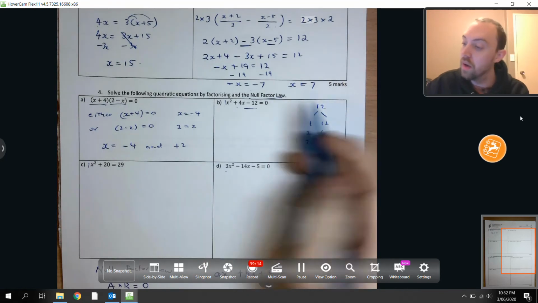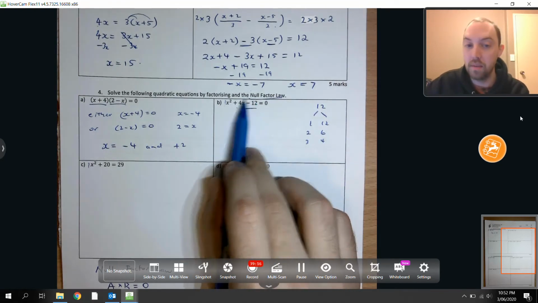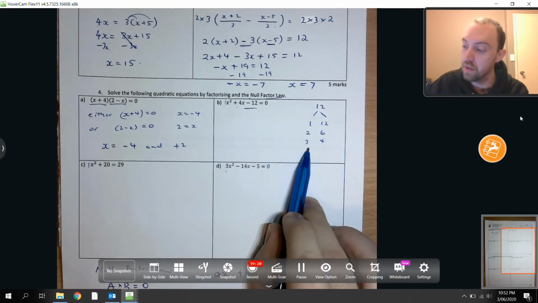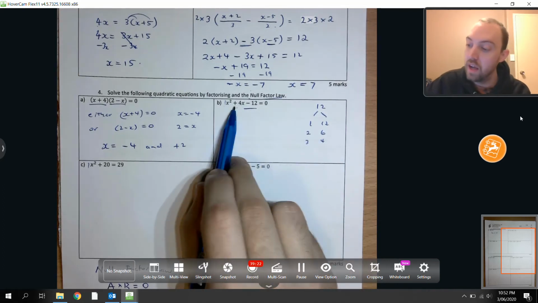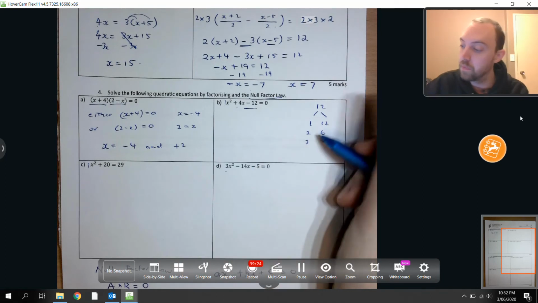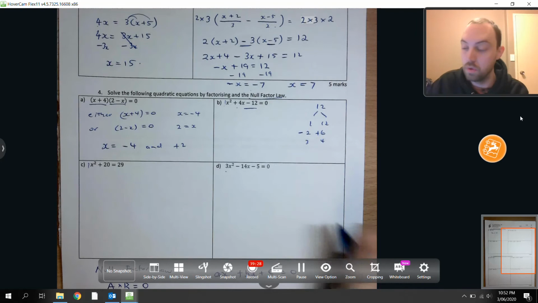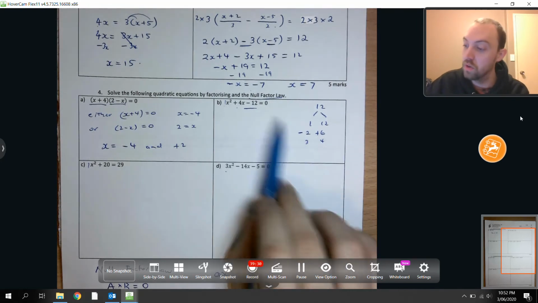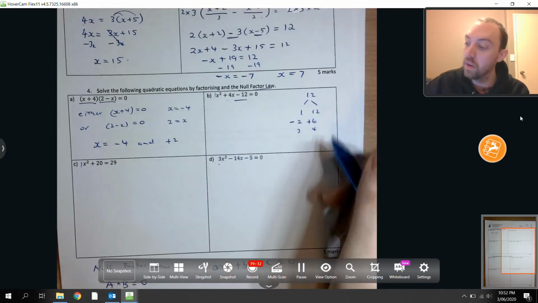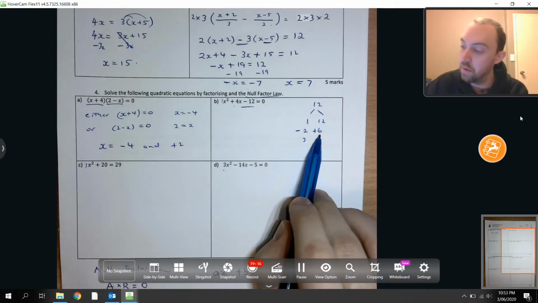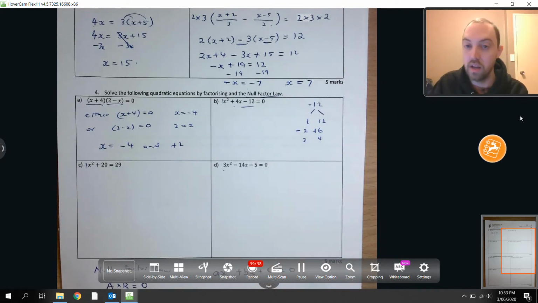I've just written out the factors of 12 now, and I need to think about how do I get +4? Well, if I had +6 and -2, +6 take 2 is +4, and also, because I have a negative and a positive, I get a negative.